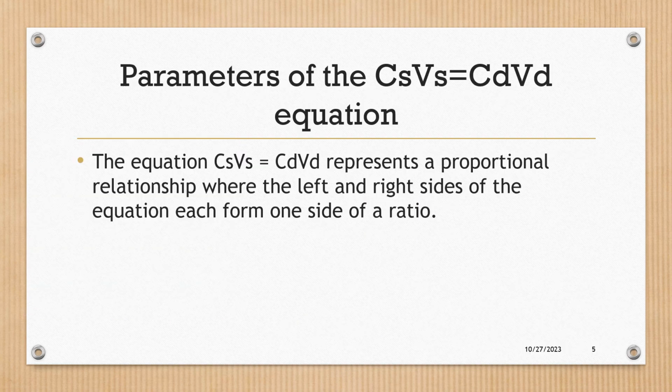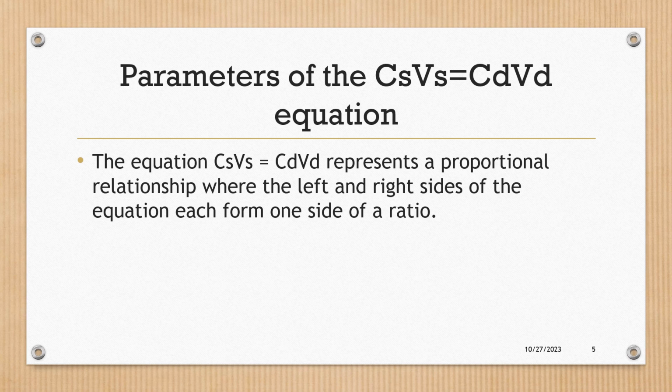Now, this CsVs equals CdVd equation represents, of course, a proportional relationship where the left side, CsVs, equals CdVd, which is the right side of the equation.